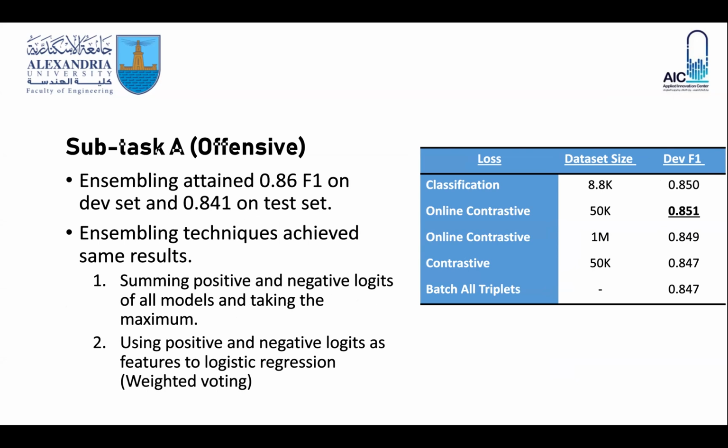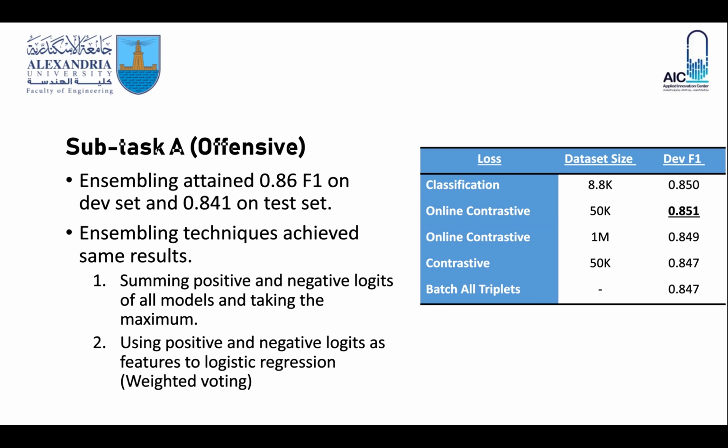For subtask A, we delivered an ensemble of our best 5 performers, which are the classification model, the online contrastive models trained with 50K and 1 million, the contrastive with 50K, and the batch all triplet. We tried 2 techniques to ensemble the models. The first, the simplest, is to sum the positive and the negative logits and take the maximum, which will be our decision.